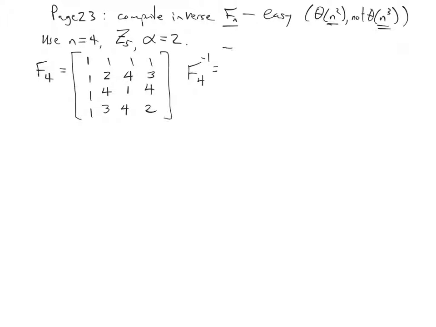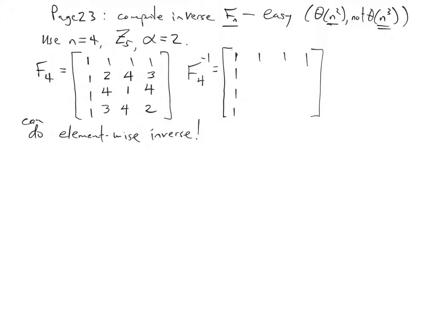And the recipe, which we'll prove works in a different way than I did in the notes, is just to do the element-wise inverse. So what does this mean? First of all, the inverse of 1 is just 1, that everyone seems to buy.